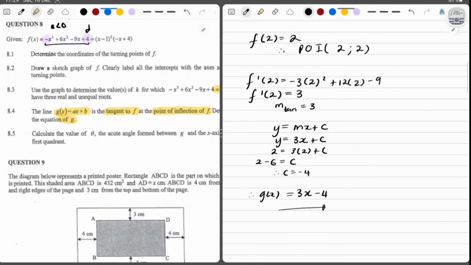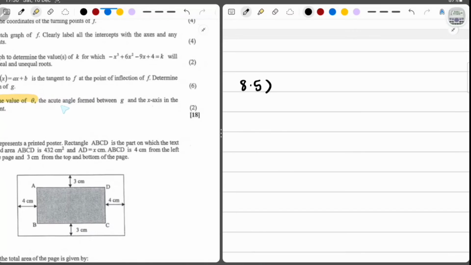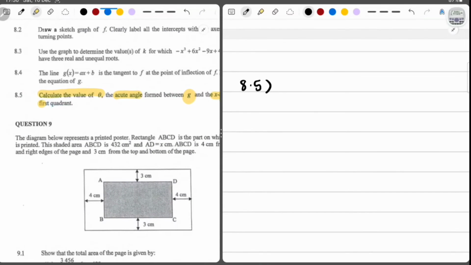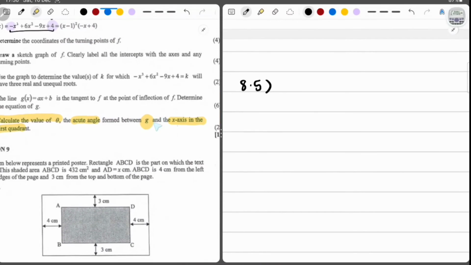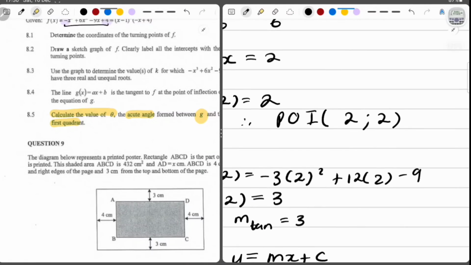Moving on to the next question, 8.5. Okay, so the last question says calculate the value of theta, the acute angle formed between G and the x-axis, in the first quadrant. So just look at what G looked like, right?